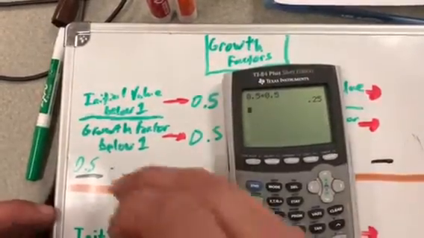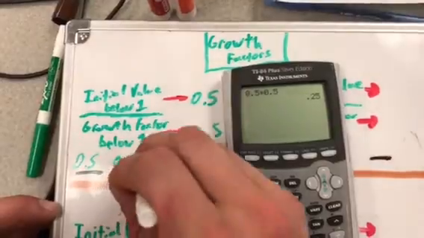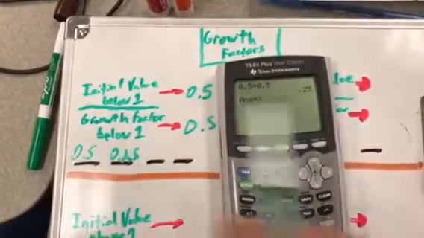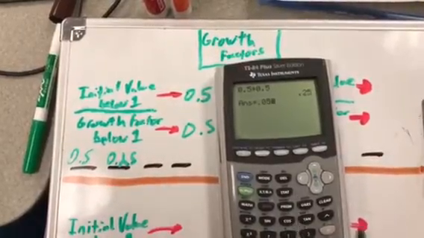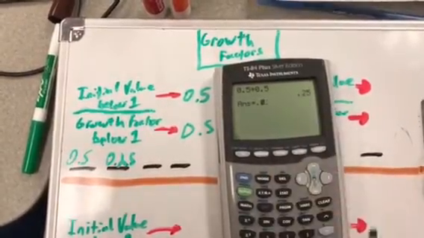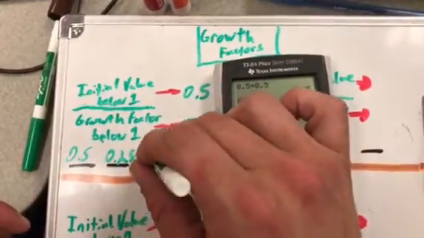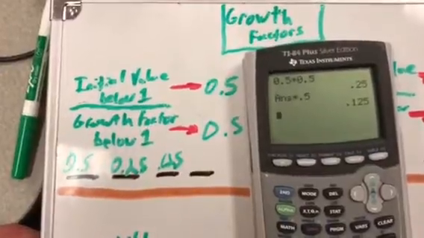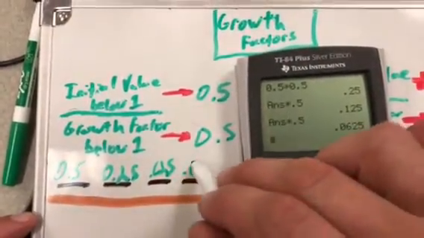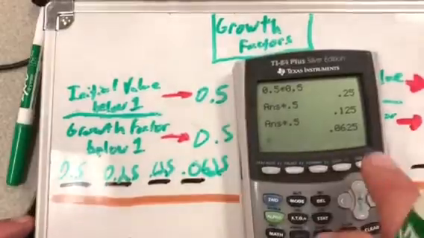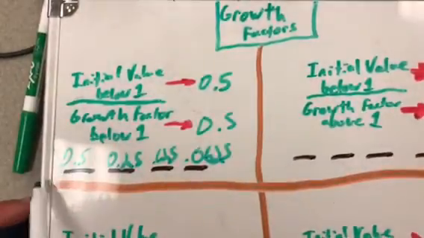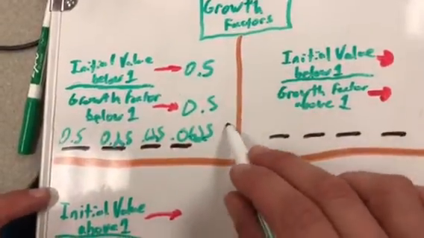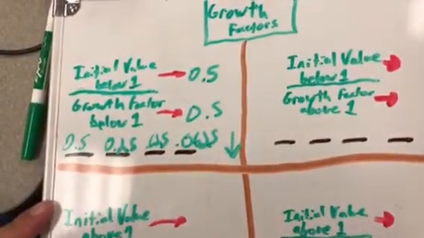And then you see my second number is going to be 0.25, which is actually smaller. We're going to take that and multiply it once again by our growth factor, 0.5. And we get 0.125. It's still getting smaller. Then we're going to multiply it one more time, and we get 0.0625. So as you can see, it starts at a half and it goes all the way down to like 0.06. So this is going to decrease, okay, and this is going to go down.